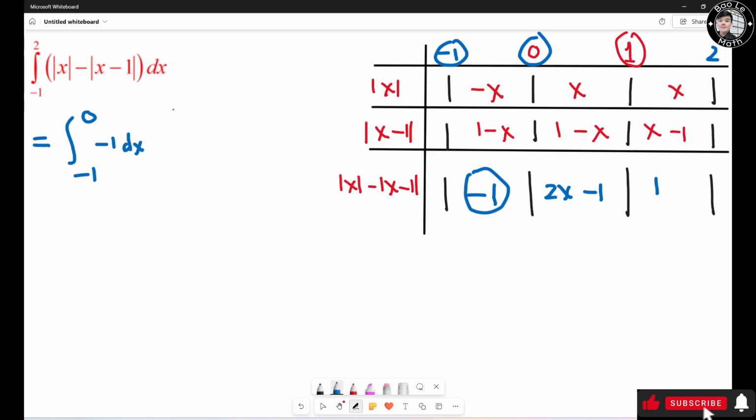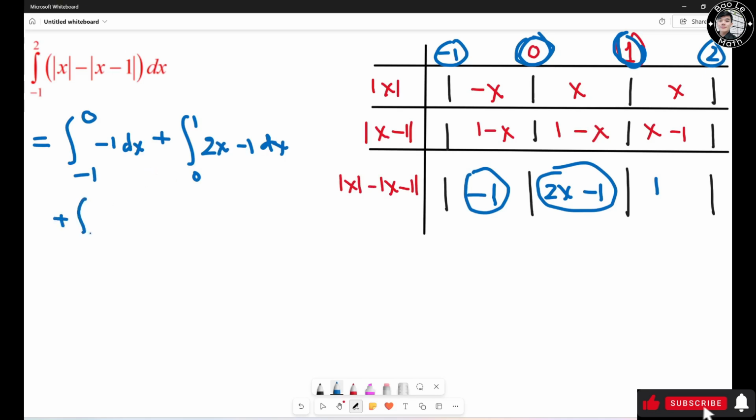Next, add the integral from 0 to 1 of 2s minus 1 ds. And the third one is the integral from 1 to 2 of 1 ds.